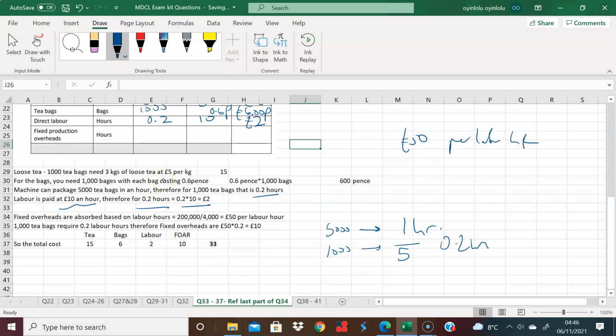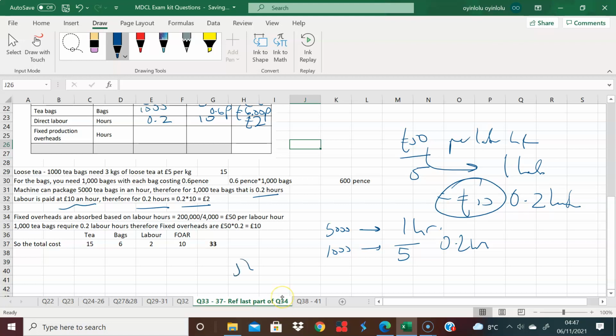Assign £50 to every 1 labor hour. Now we have 0.2 labor hours, so that's a fifth of that. If £50 is what I assign to 1 hour, what do I assign to 0.2 hours? That's 50 divided by 5, and that's £10.